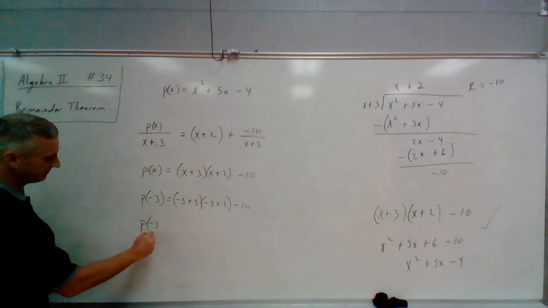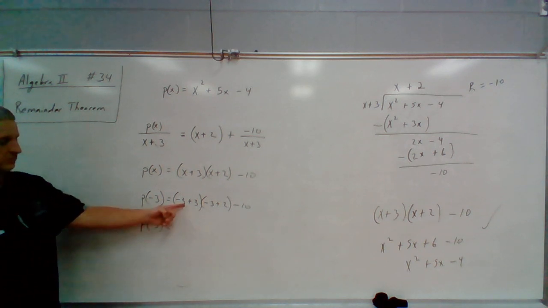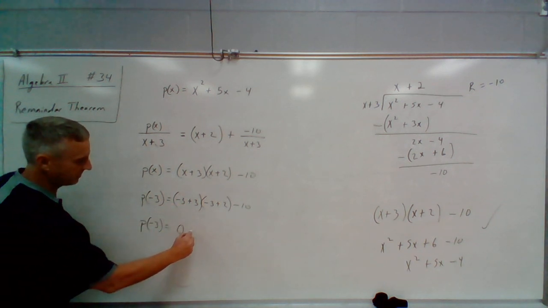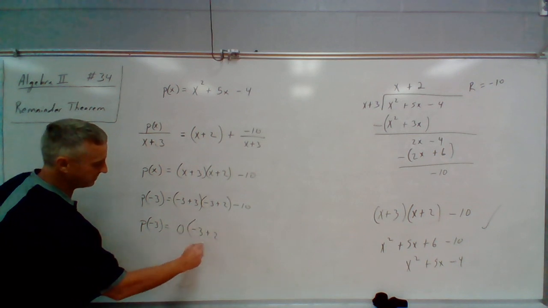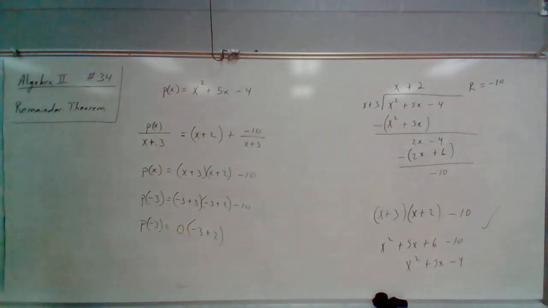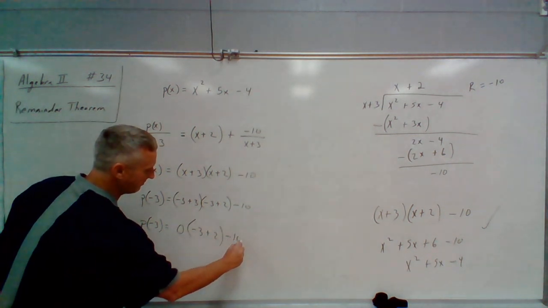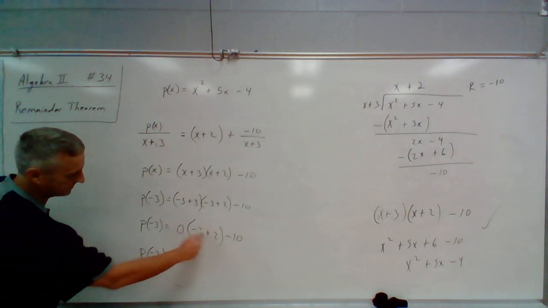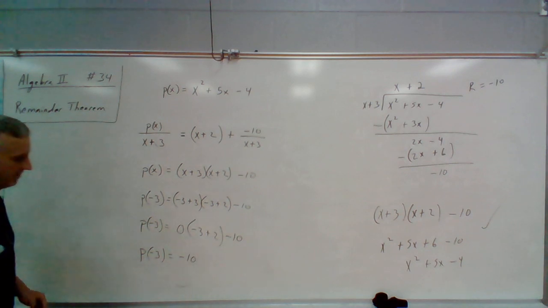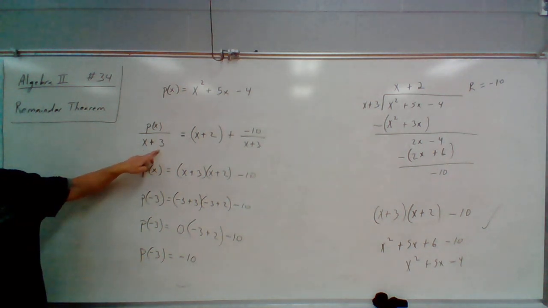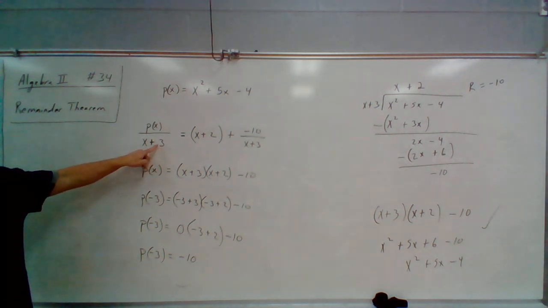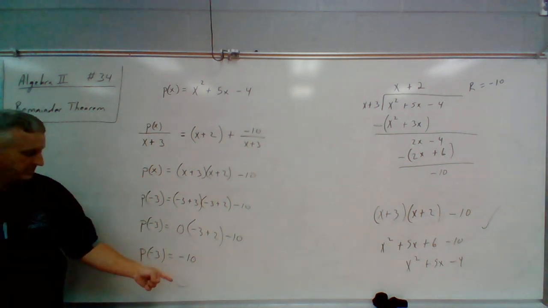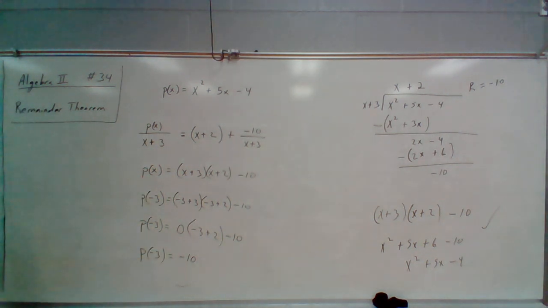So I have P of negative 3 equals, this is 0, negative 3 plus 2. Doesn't really matter what that is because it's going to be 0. Minus 10. So P of negative 3, that's 0, is equal to negative 10. Alright, so when I plug in the opposite of this number, when I plug in a negative 3, I get the remainder of negative 10.